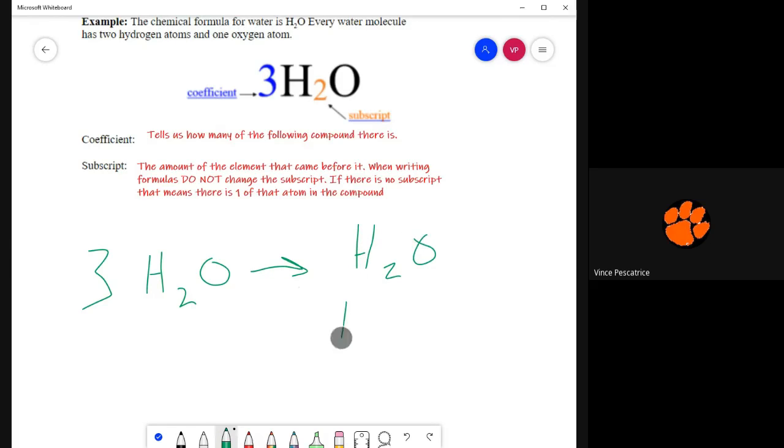H2O, H2O, H2O. So there are 3 separate water molecules. That's what this means. So in this scenario, how many hydrogens would there be total? So this plus this plus this.